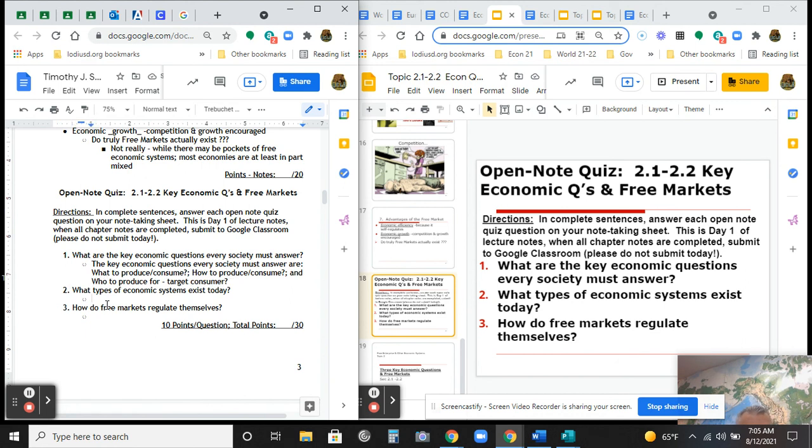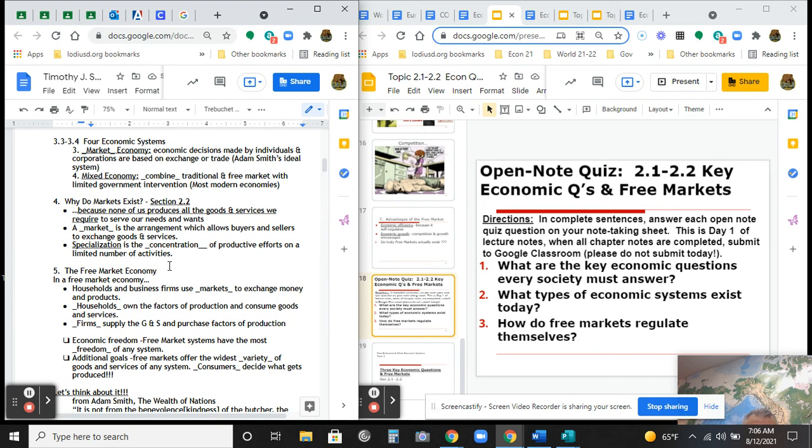All right. Economic systems today are traditional, centrally planned, market, and mixed.